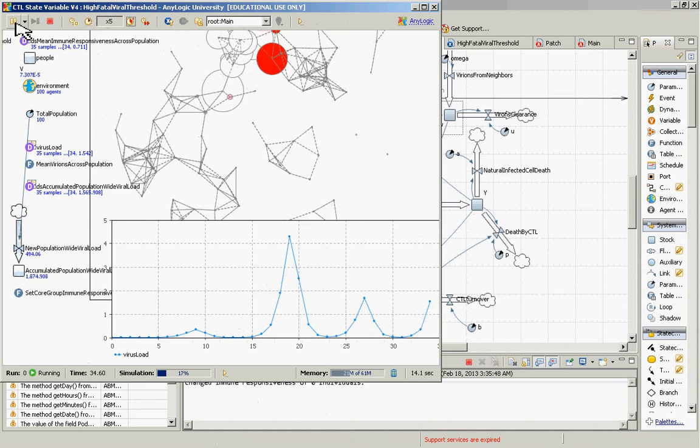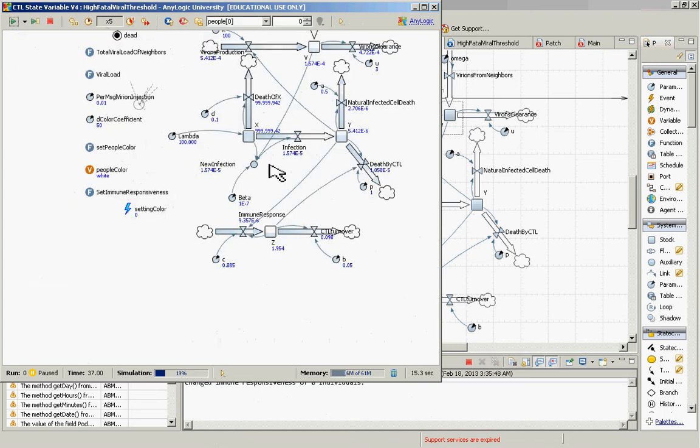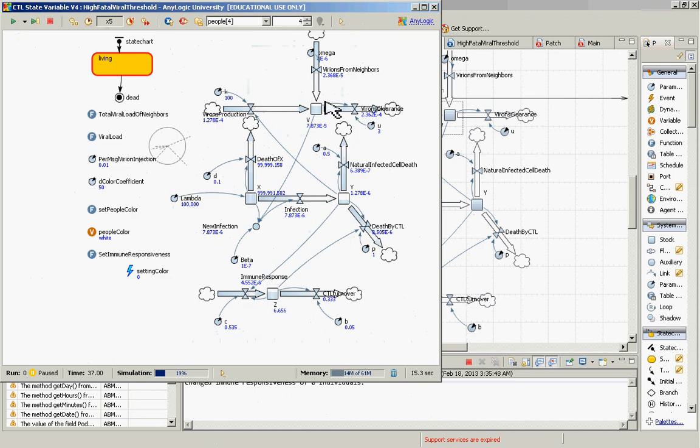We can actually take this model and drill down to the level of individuals in the population, and we'll see, for a particular individual, for example, their viral load level. We'll see their levels associated with their flows: flow into viral load, flow in from other people, for example, up here, and flow out due to decay of variants over time.